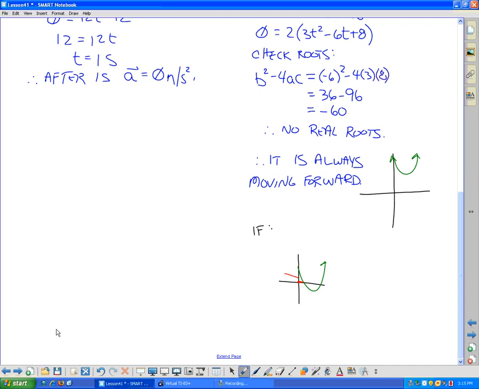So in this region, you're moving forward. In this region right here, because you have a negative value for velocity, you're moving backward. And then over here, you're moving forward. So when you do your factoring, if it does factor, you've got to do a bit of a sketch for yourself to make that determination, exactly what's happening and when it's happening.